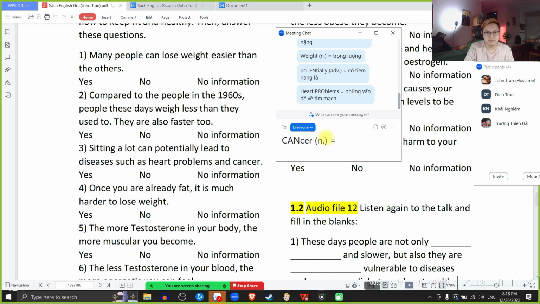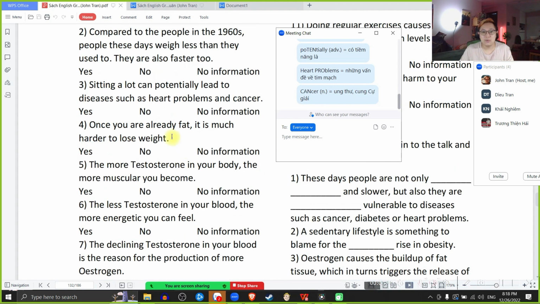What is cancer here? Ung thư, hoặc là nó có một nghĩa khác, đó là cung cự giải trong tử vi, trong chiêm tinh. Ngồi rất nhiều có thể có tiềm năng dẫn đến những bệnh như là bệnh tim và ung thư. Number four, once you are already fat, it is much harder to lose weight. Một khi con người ta đã mập sẵn rồi thì rất là khó để mà giảm cân.